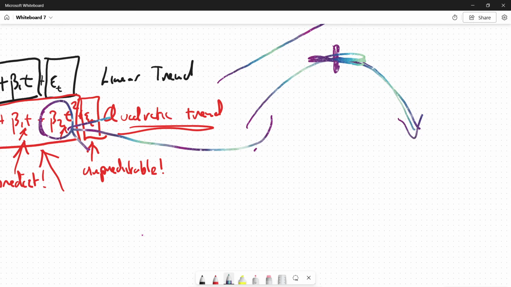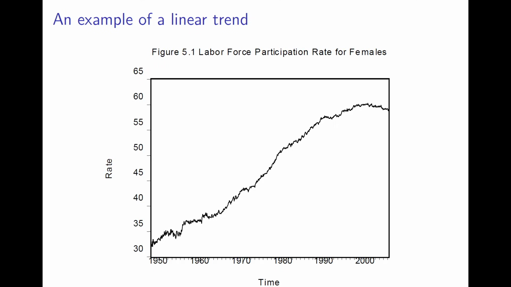Fundamentally, that may or may not make sense for the phenomenon that you're working with, to have that property where it increases for a while and then pauses one day and reverses. But here, I do see that happening for some reason. Women are entering the workforce from 1950 to 2000 at a very rapid rate.